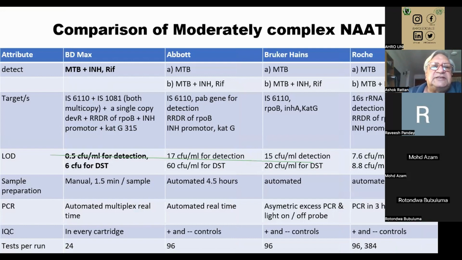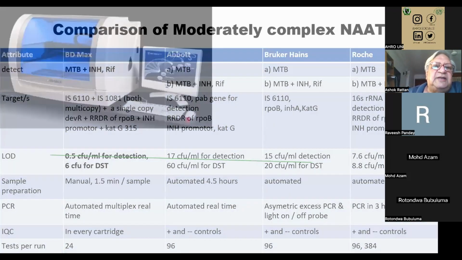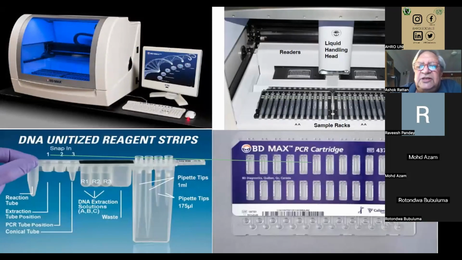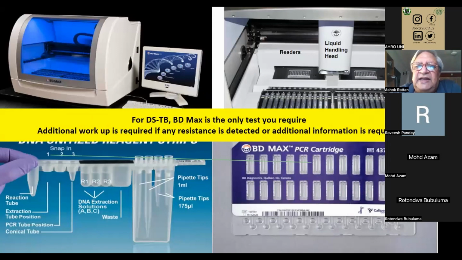When we compared the 4 new methods available from BD-MAX, from Abbott, from Bruker, from Roche, we came to the conclusion that BD-MAX, which is a closed system, had a liquid handling system. For most of the 85% of the isolates, you would need to do only BD-MAX because it will tell you whether Mycobacterium tuberculosis is present and INH and rifampicin sensitivity.